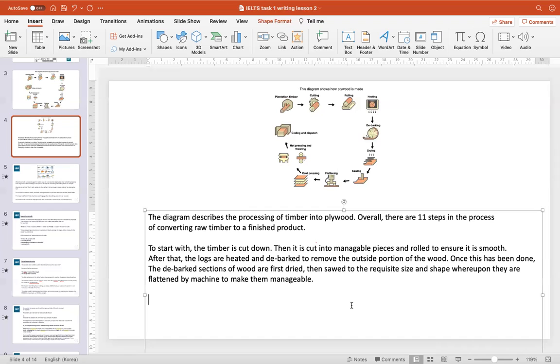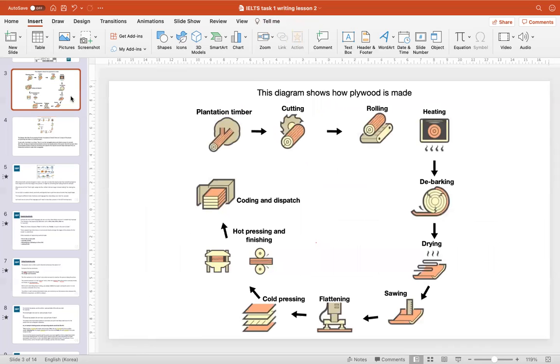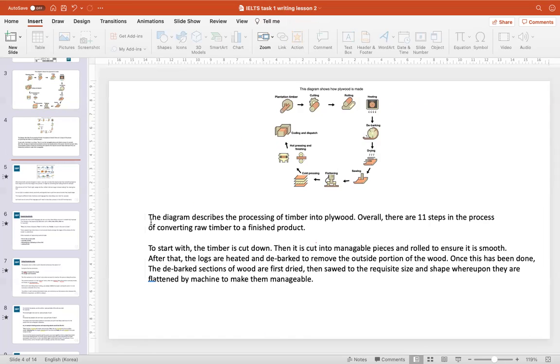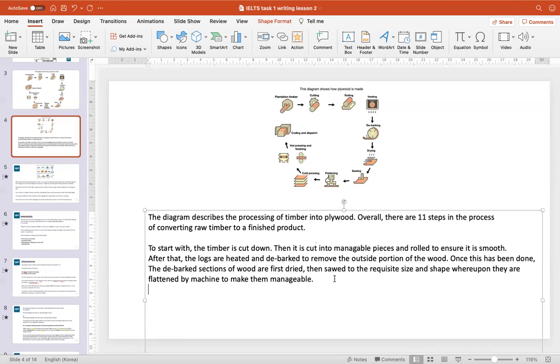Are we going to go with the next step now? Yes, processing. Okay. So pressing, right? Yes, pressing. Oh, and finishing. Cold pressing. Okay. So what can we say?